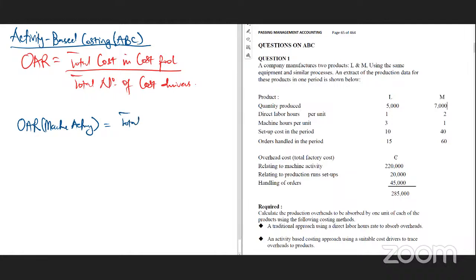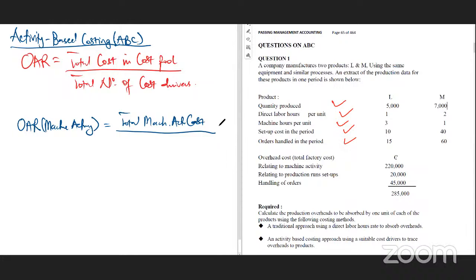Total machine activity cost over the total cost drivers for machine activity. Looking at all the information here, which one do you think will influence machine activity cost? Machine hours per unit.